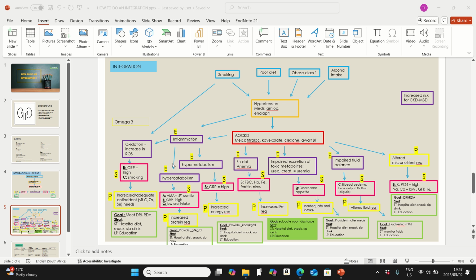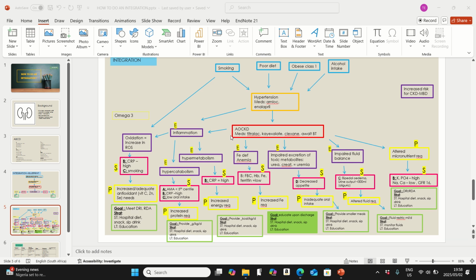So we do have hypercatabolism, hypermetabolism. Hypercatabolism is an increase in breakdown of muscle, hypermetabolism an increase in energy expenditure. You can also add in that point there if you'd like, above the hypermetabolism and increasing resting energy expenditure. I had limited space, or maybe it was just a little bit poorly mapped out.